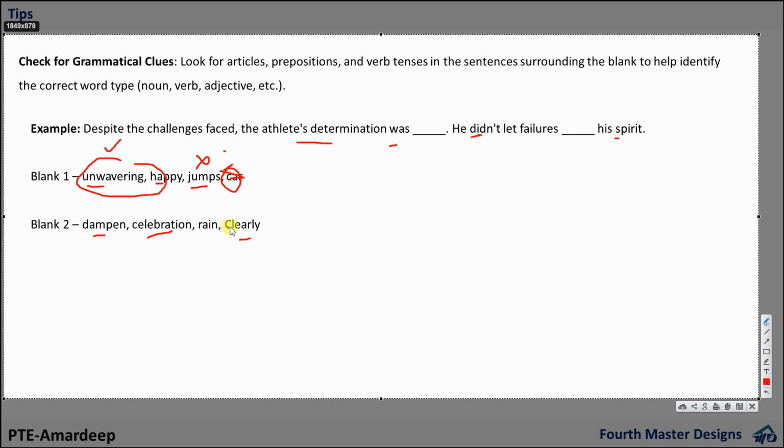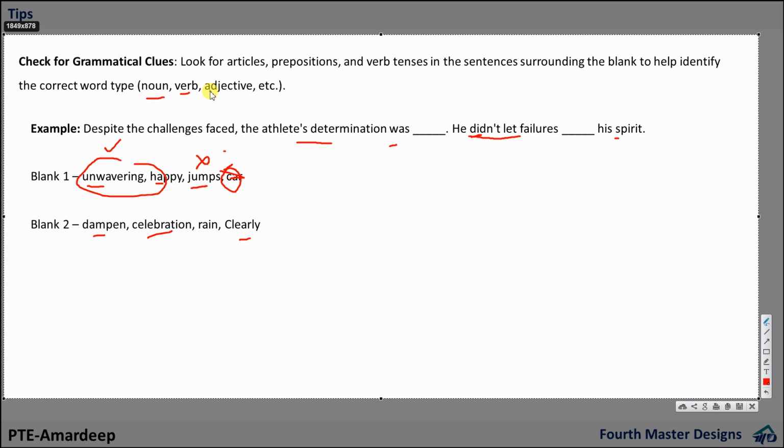Sometimes they will say reducing also, they will say reduce also. So keep your sentence form in mind, and look for what will fit in that sentence. Noun will fit, verb will fit, adjective will fit. Then only you will be able to answer correctly.